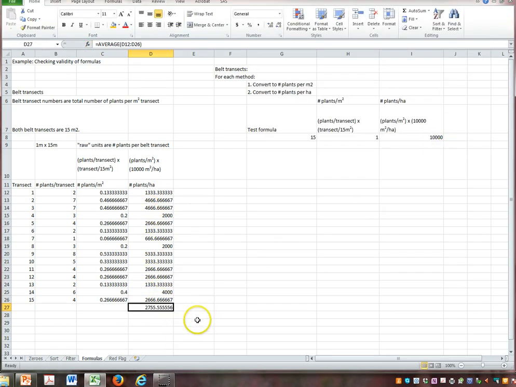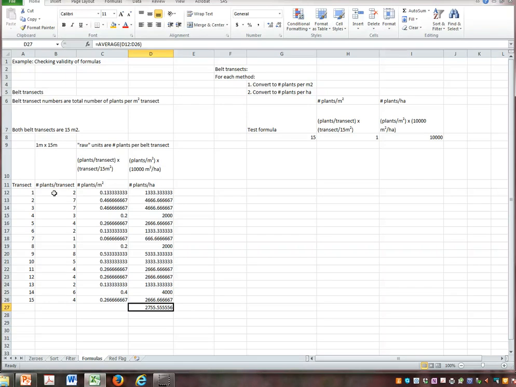And we're going to talk about significant digits. Now, if we're talking about the number of plants per hectare, when we took these measurements, we reported them in terms of individual units per transect, and it was a 15 meter squared transect.